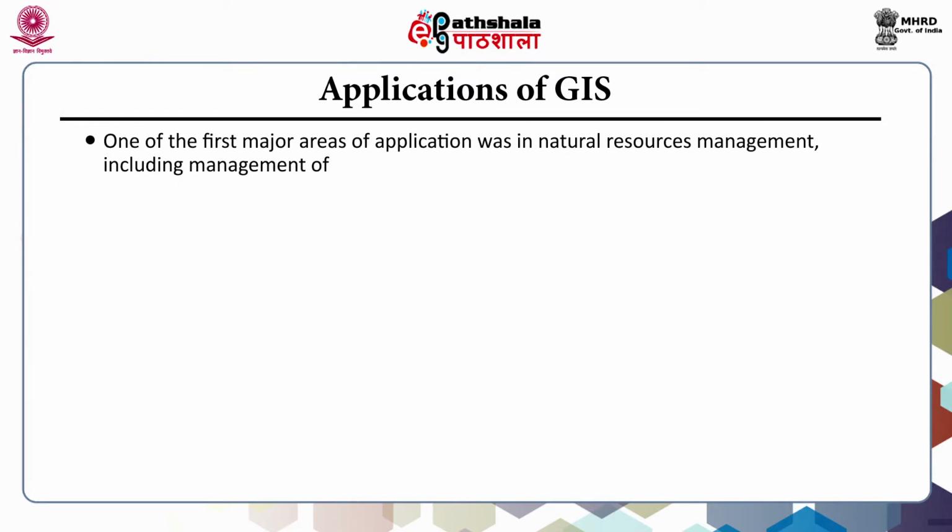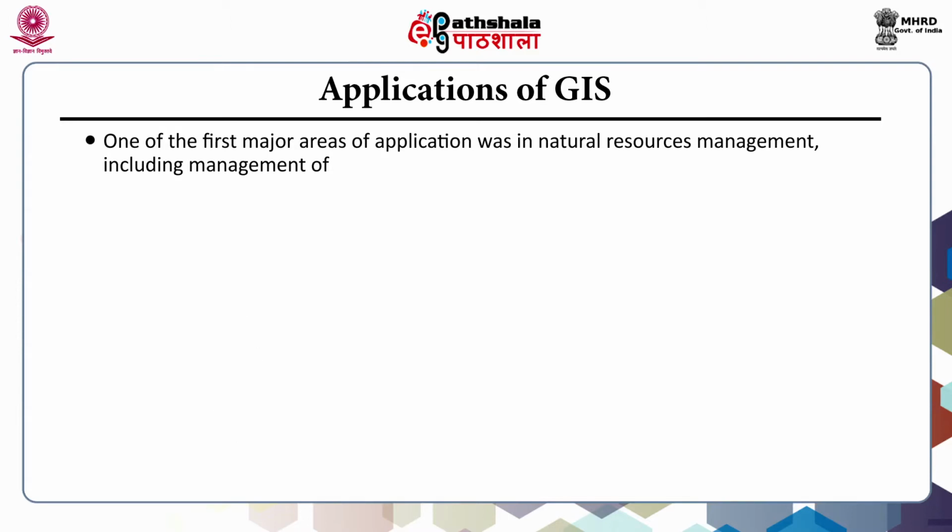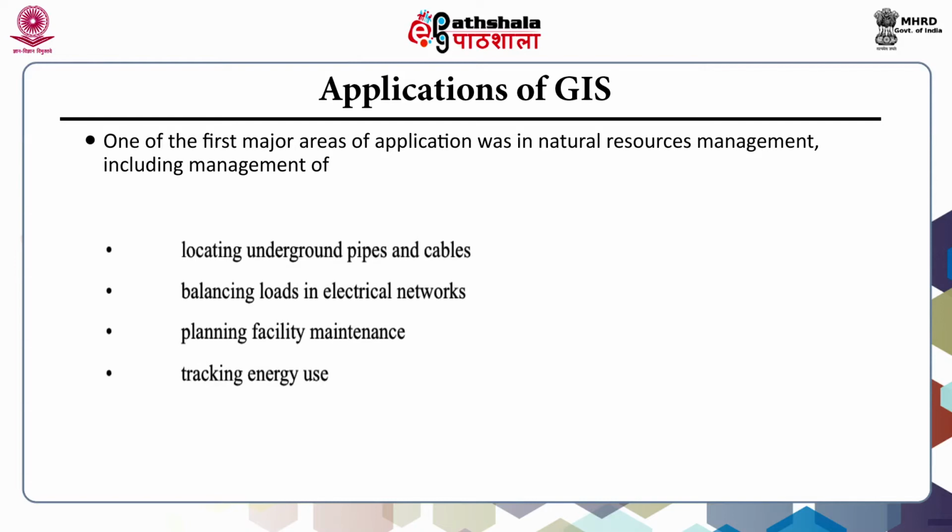One of the first major areas of application was in natural resource management, including management of wildlife habitat, wild and scenic rivers, recreation resources, floodplains, wetlands, agricultural lands, aquifers, forest. One of the largest areas of application has been in facilities management. Uses for GIS in this area included locating underground pipes and cables, balancing loads in electrical networks, planning facility maintenance, tracking energy use.